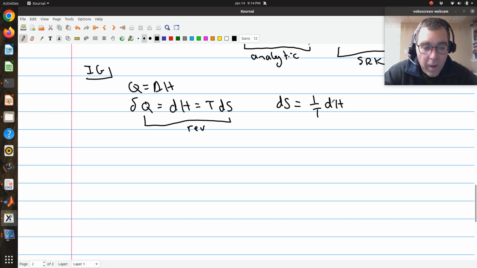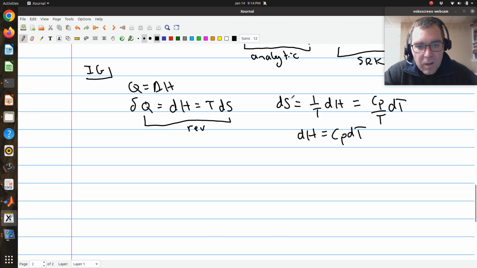Where dH is equal to Cp dT. So this is going to be equal to Cp over T dT. Now we're considering the case of an ideal gas, so I'm going to put a superscript ig. So dS ideal gas is equal to Cp ideal gas over T dT.